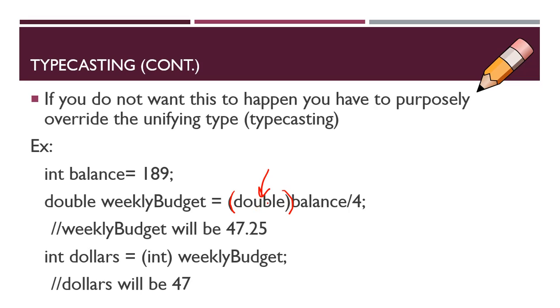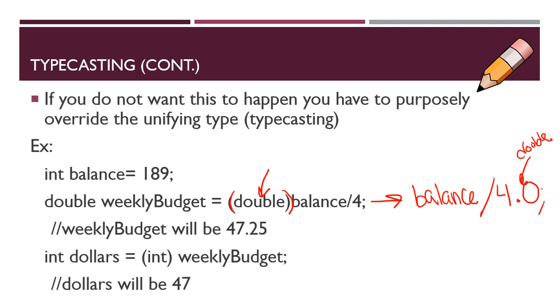I am tricking Java into saying balance is a double. Because then what he'll do is he'll go, oh yes, double divided by an integer, that's a double. The other way I could trick Java into doing this is I could say balance, which is an int, divided by 4.0. This is a double. He sees that decimal, he's like, ah, yes, double.